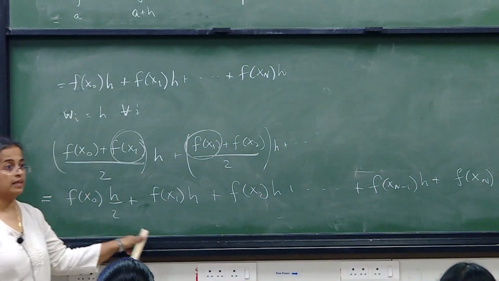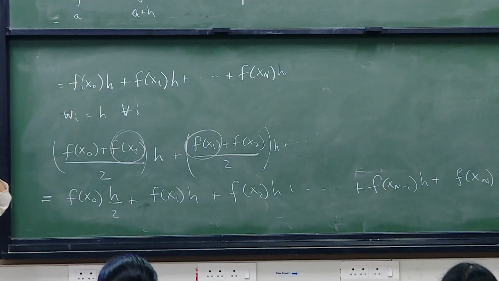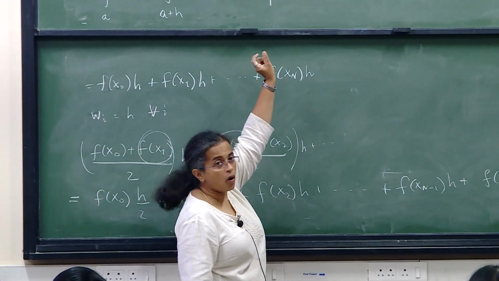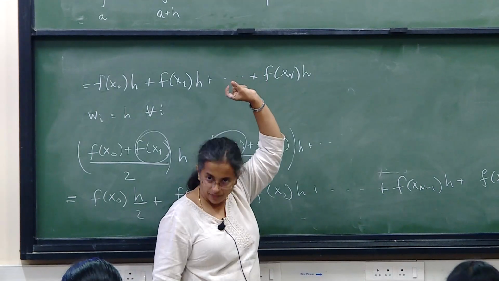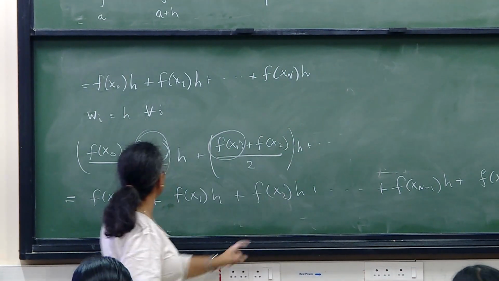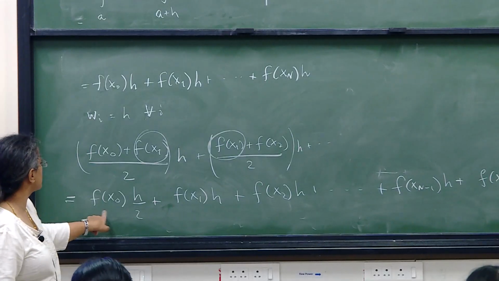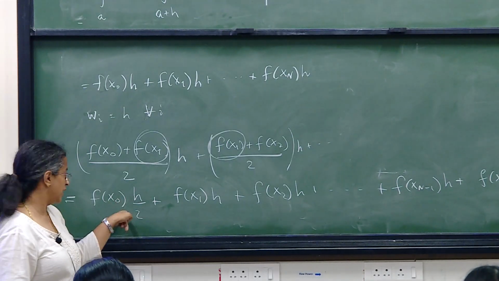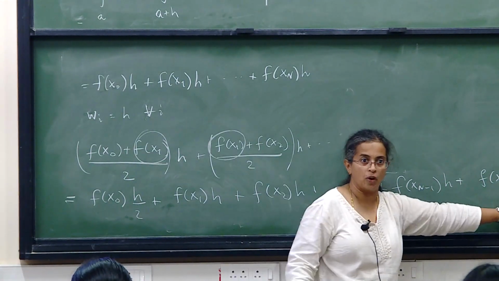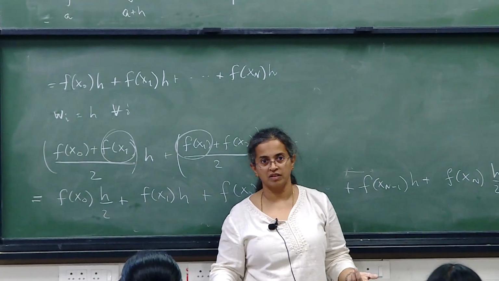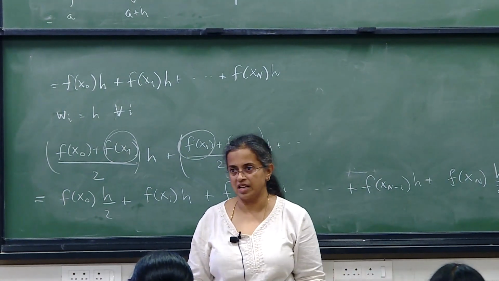So immediately it tells me that if I want to approximate this function within that small interval h by trapeziums, then I know how to calculate the area, and the rule tells me the weight factors are h by 2 for the first and the last point, which are a and b. For any other intermediate point, it is h. So I know how to carry this out.